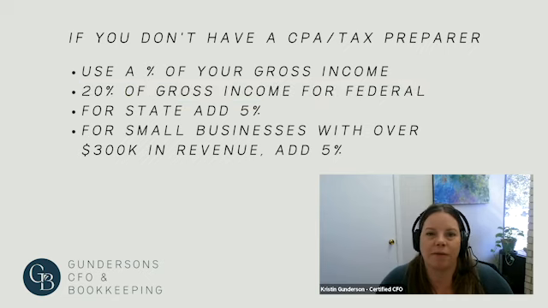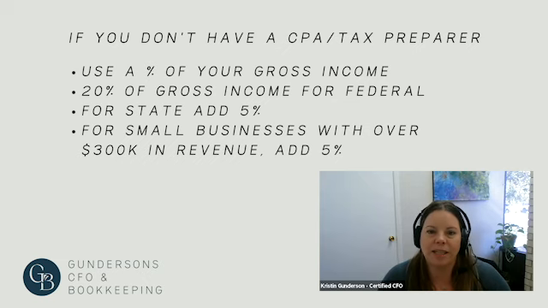That should be a good enough estimate to send in. The 20% is for your federal income tax. This works if your gross revenue for your business is $300,000 or less. You should be okay. Remember, if you end up overpaying, when you file your income taxes you will get that money back. If you did not pay in enough, it will ask you to pay the difference.